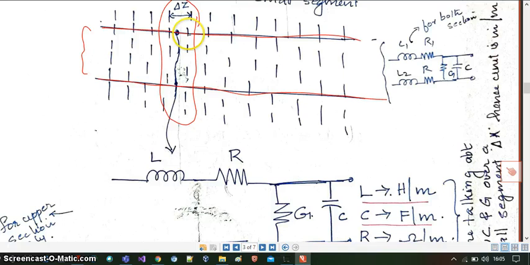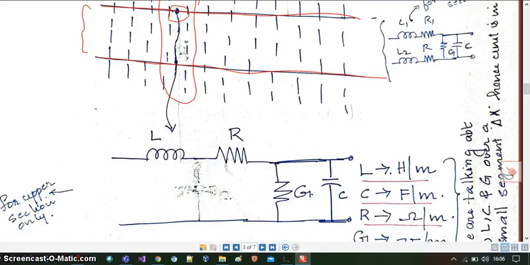Similarly, at high frequency this wire will behave as an inductance, right? XL is equal to L omega. So at high frequency, this wire behaves as an inductance. That is drawn here. So the conducting wire possesses a resistive behavior as well as an inductive behavior.